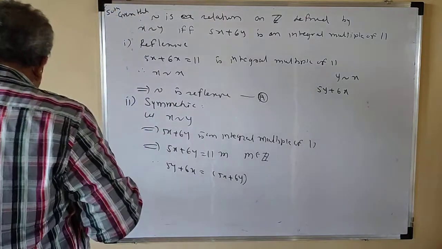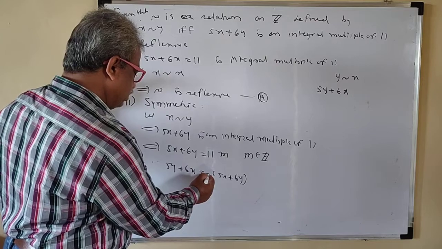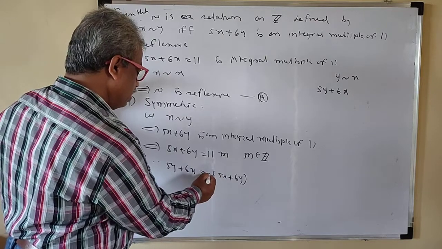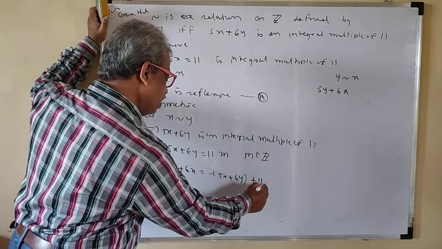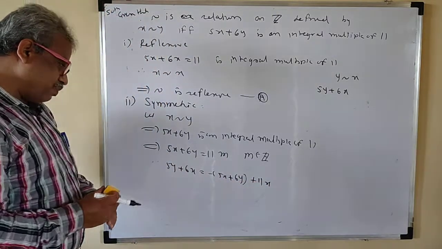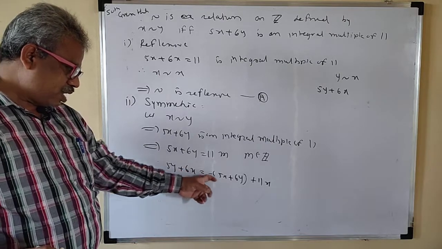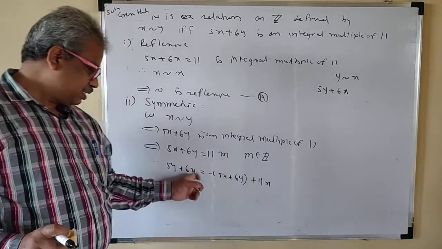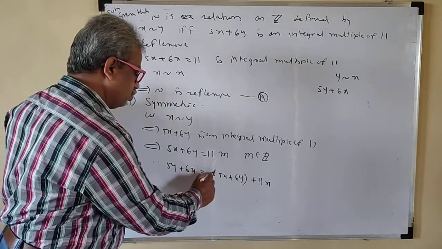So I will write this as minus 5x plus 11x. See, minus 5x plus 11x is 6x. I write minus of this one.